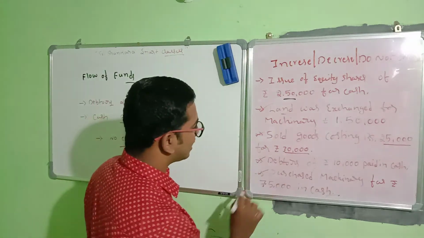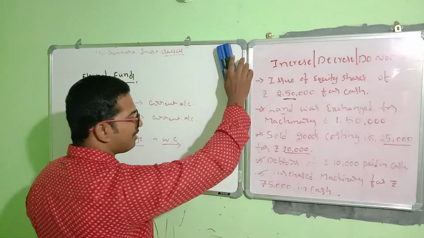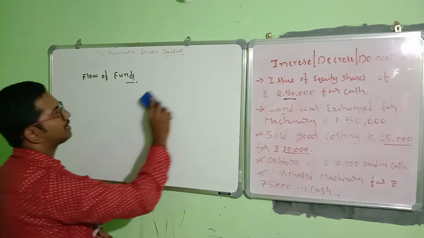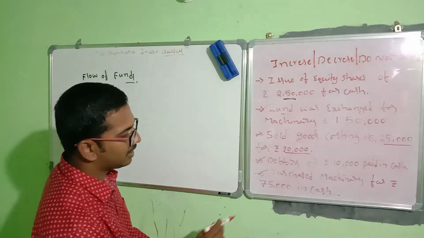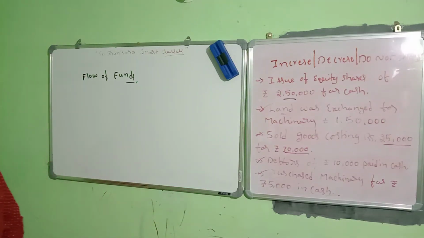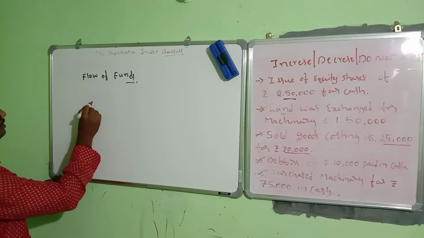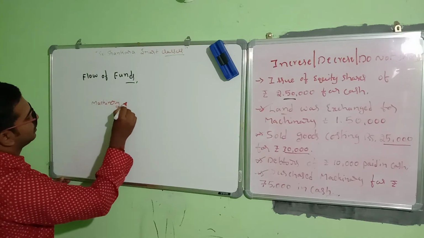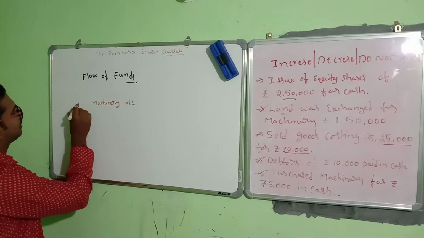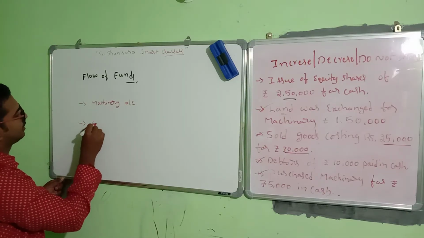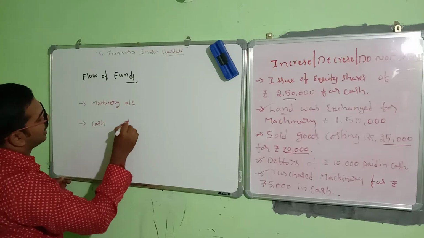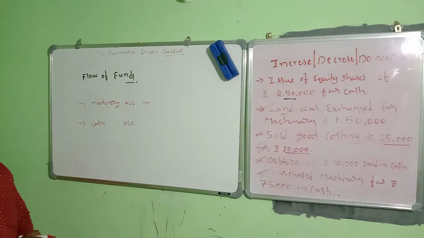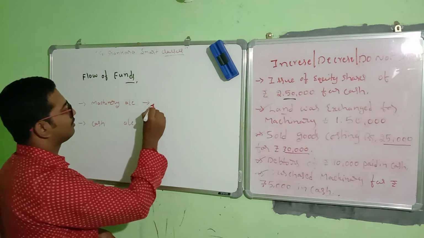Then look at the next transaction. Purchased machinery for rupees 75,000 in cash. We have to identify two accounts here: the machinery account and the cash account. What is the nature of the machinery account? It is a non-current asset, so we can call it a non-current account.